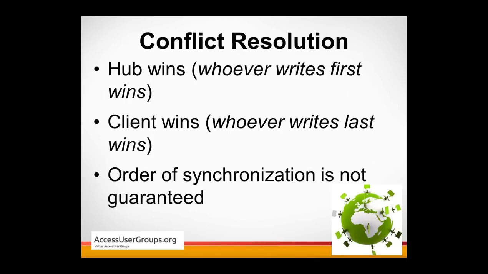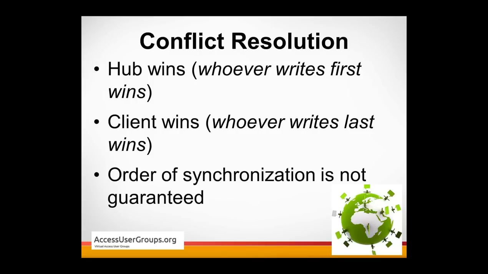To go back on it, for example, if there are 3 databases, say A, B, and C, and all 3 had a conflict at the same time, and A had contacted the hub first, then the changes from A would be saved.